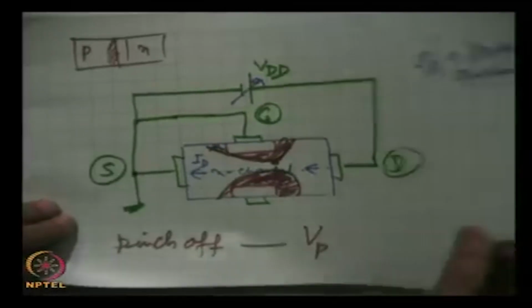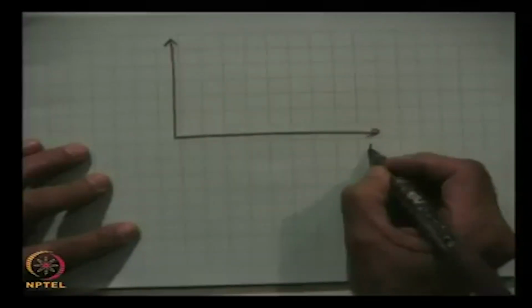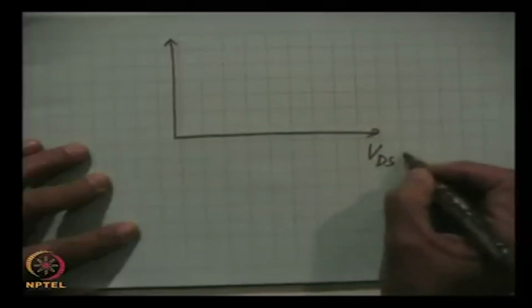Now, what I have said: if I plot the drain current as a function of drain source voltage, that is this plot. This is drain source voltage in volts and this is drain current.